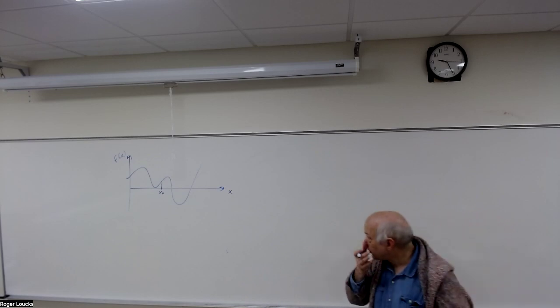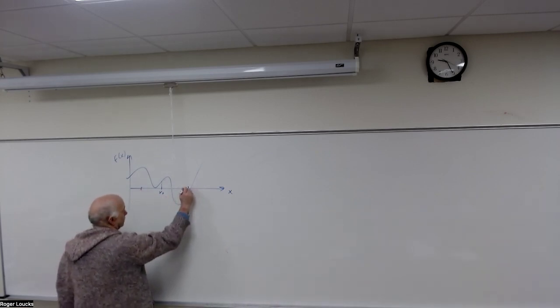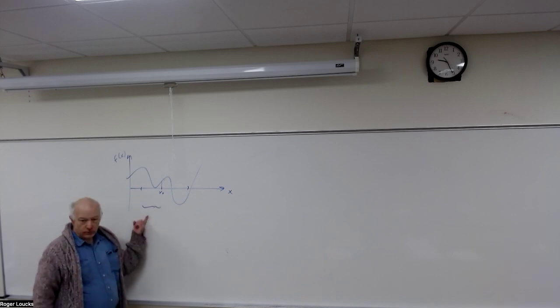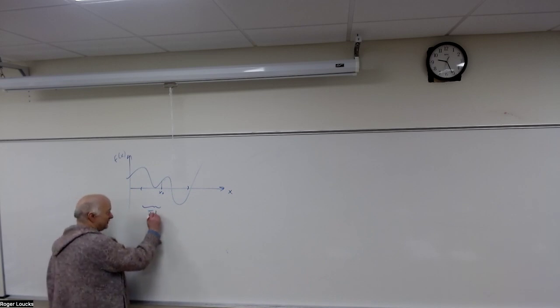So I'm going to have a region here. What is that distance here called? The radius of convergence. Good.